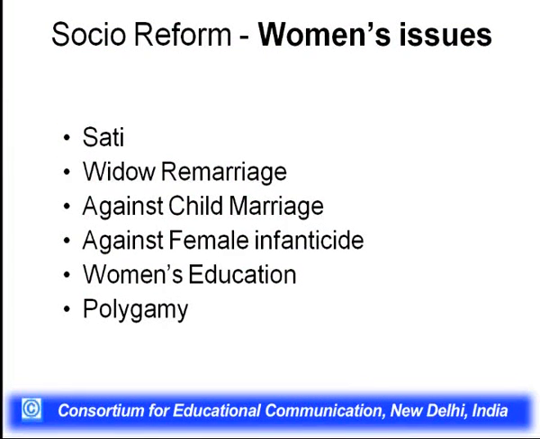And the issues which these movements discussed in the context of women, for example, were women's education, female infanticide, and the issue of polygamy. So all these aspects were being discussed in these movements during this period.